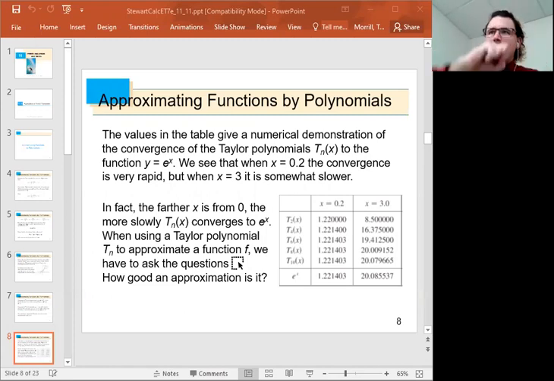So we have 2 different knobs we can move here for our approximation. We can try to take a very large degree polynomial to help describe a very complicated function. Or we can pick our centered value close to the numbers that we want to approximate. If I care about values of x close to 1,000,000, then I'm going to center my Taylor series at 1,000,000 instead of centering it at 0.